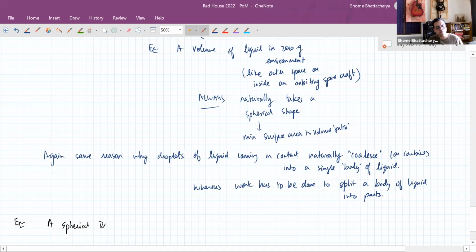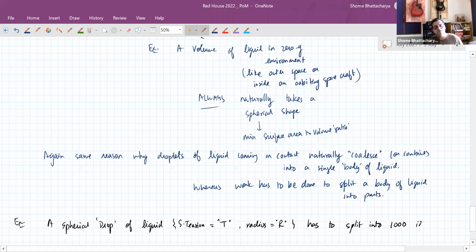A spherical drop of liquid which has surface tension equal to T, let's say, and radius equal to R, has to be split into 1000 identical spherical droplets.